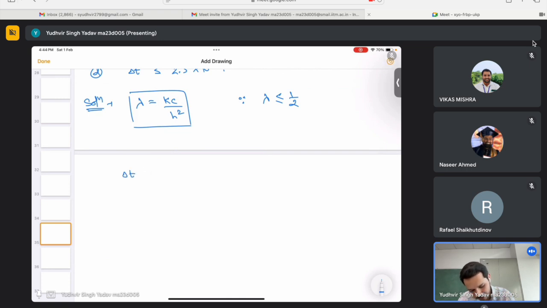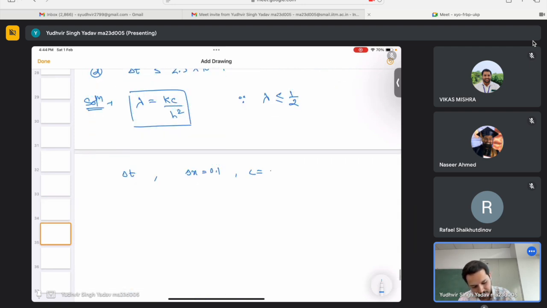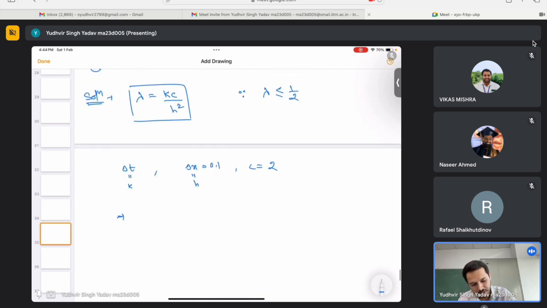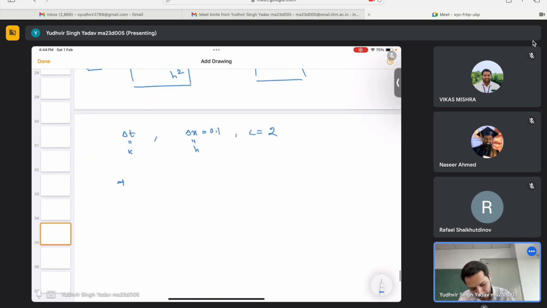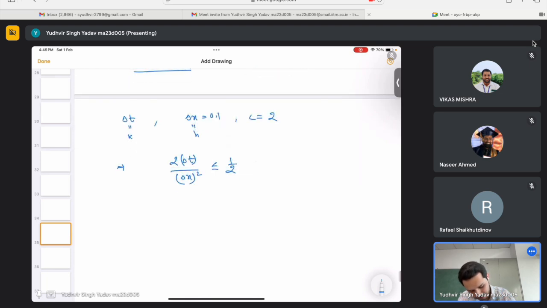Delta x is given as 0.1 and c is 2. So we simply put this in the condition: twice delta t divided by delta x squared less than or equal to half.